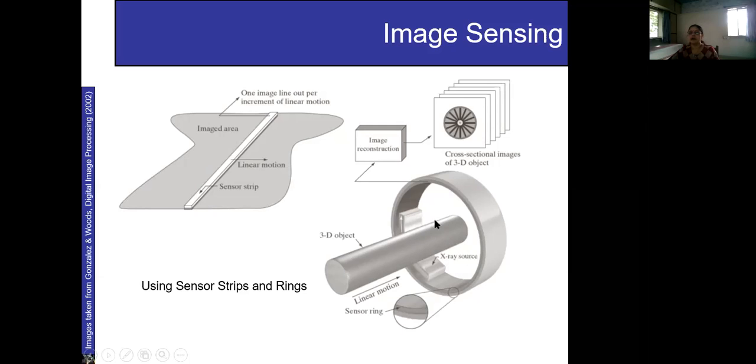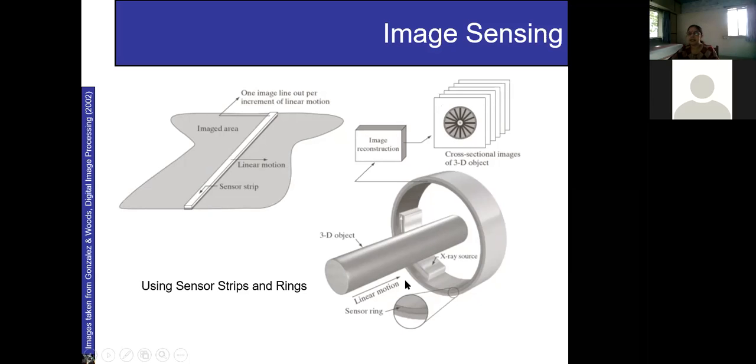In order to get one cross section, it is necessary to rotate this ring through 360 degrees. One rotation of the ring is required so that the entire data can be captured. So with one rotation of the ring, you can capture one cross section of the image.